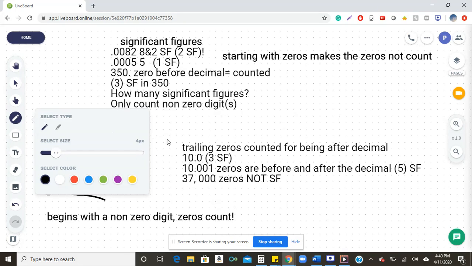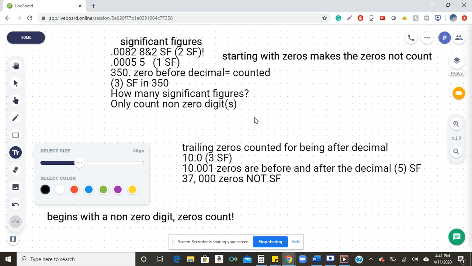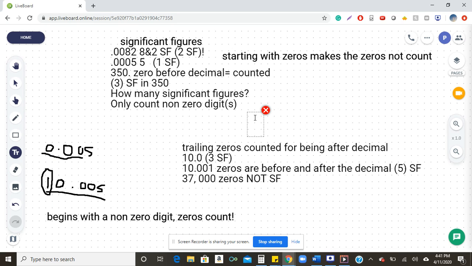Even if it had something like this, it would still count because it is not a number that begins with zeros.